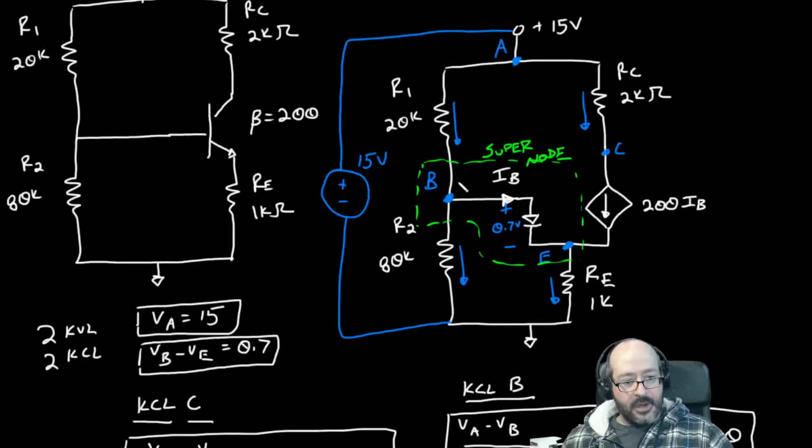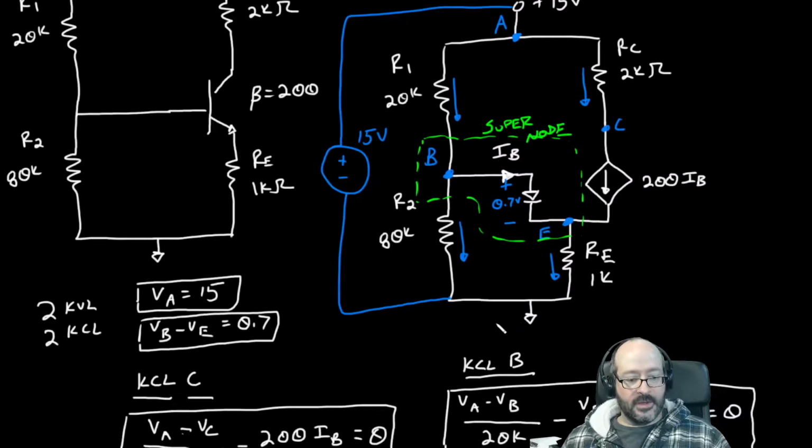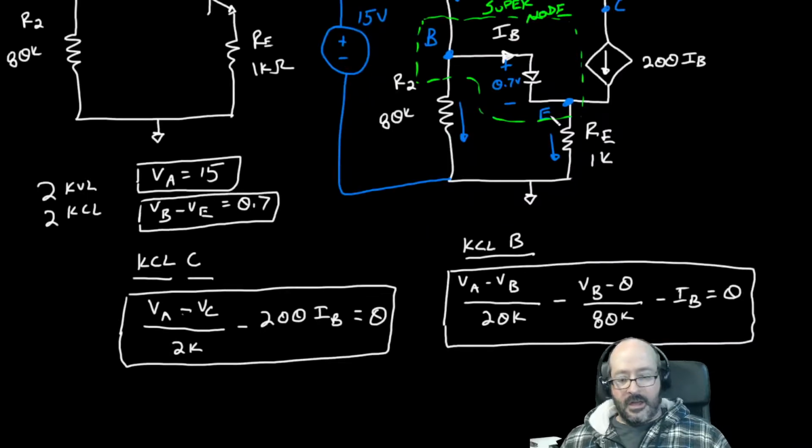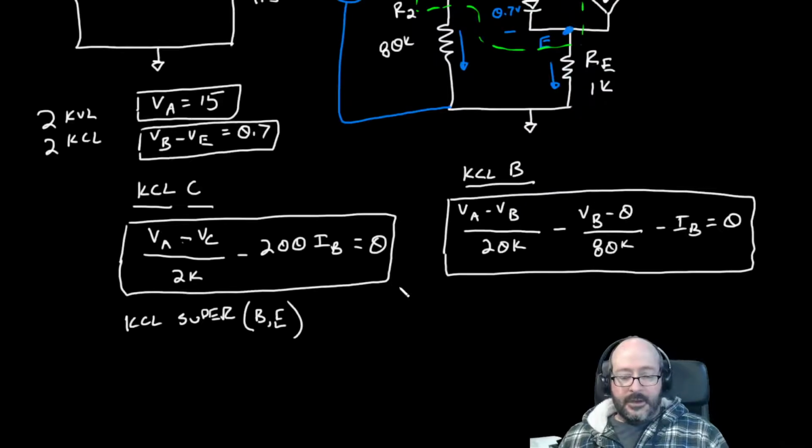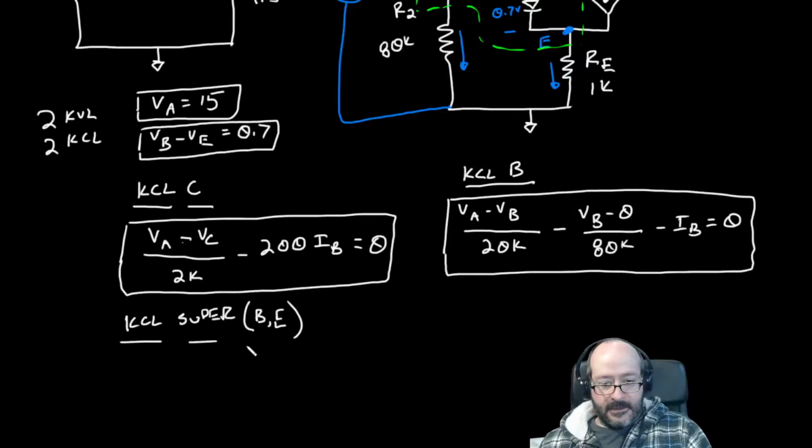I have 1, 2, 3, 4 currents flowing into my supernode, so I've got to write out those 4 currents. The supernode is made up of B and E. All right, let's do that.